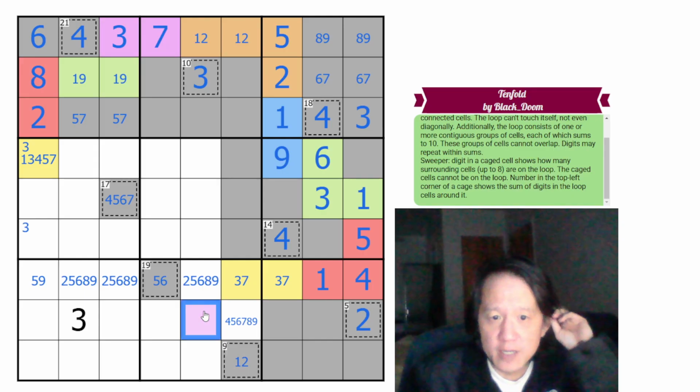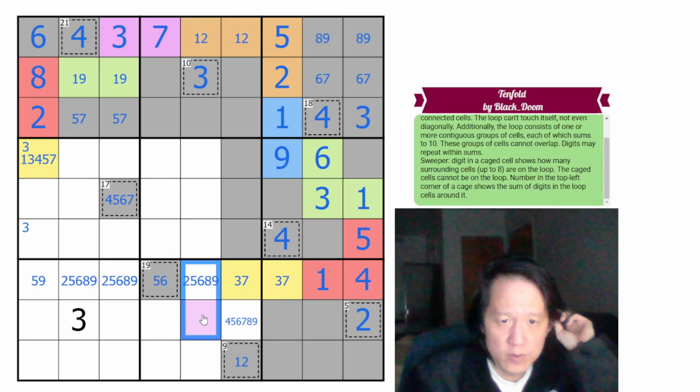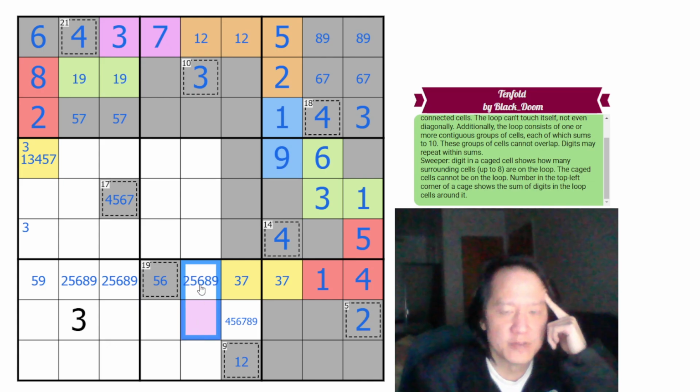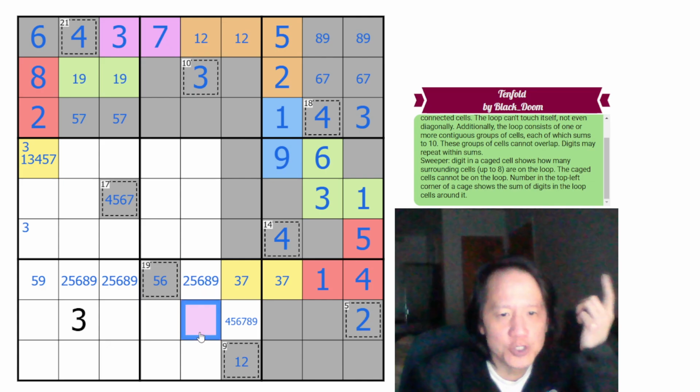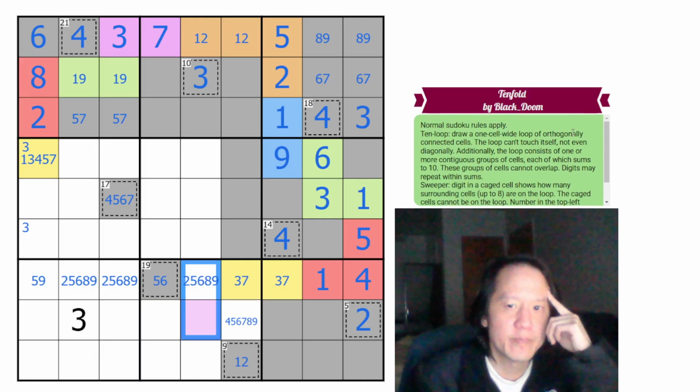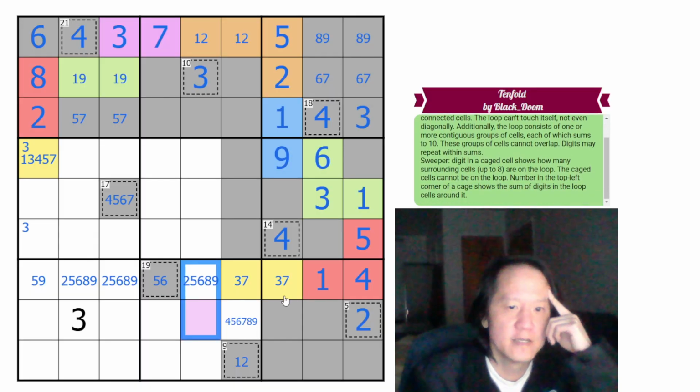This has to be a 9 then, and it cannot go this way, it has to go down here. Therefore, it would be 2 and 9 at the least, which makes this set not part of a 10 set. These 2 cells. So therefore, this cannot be 1.